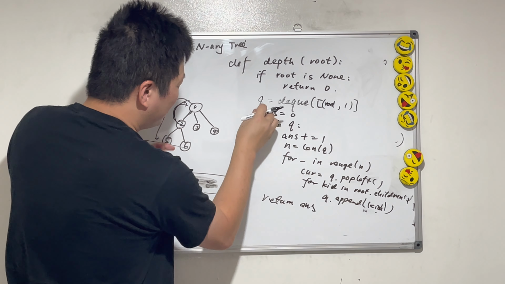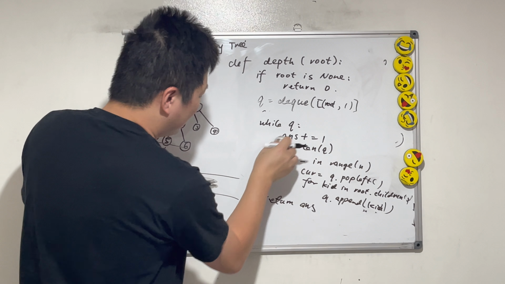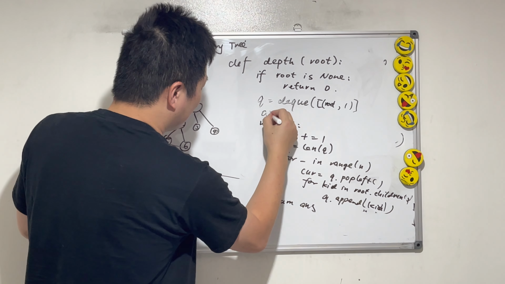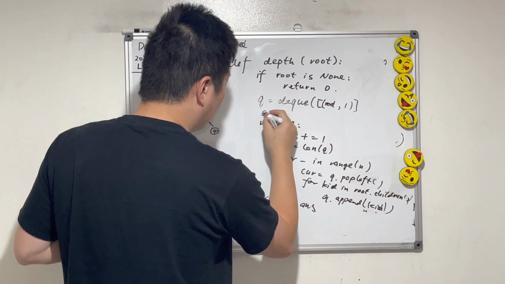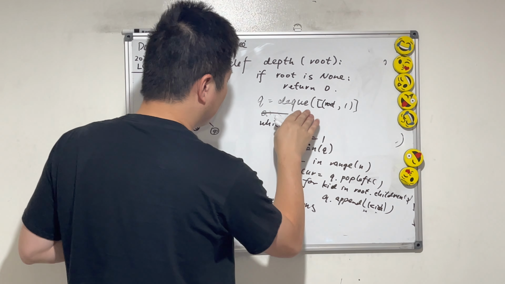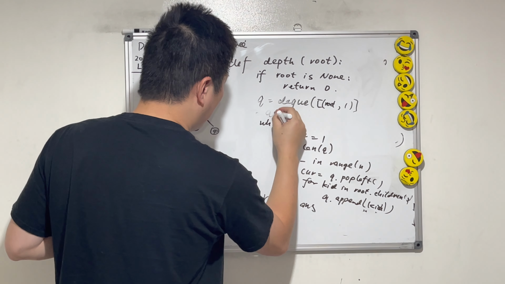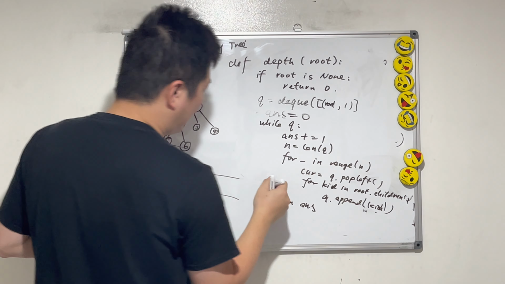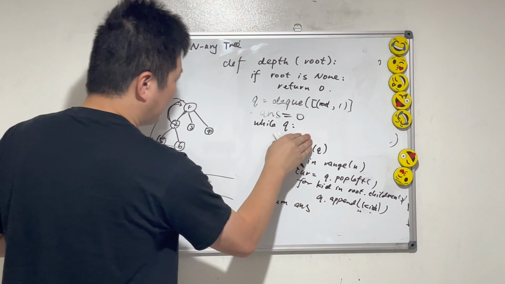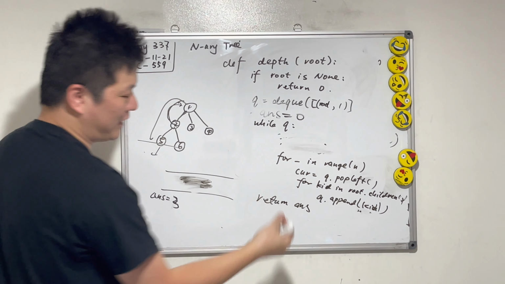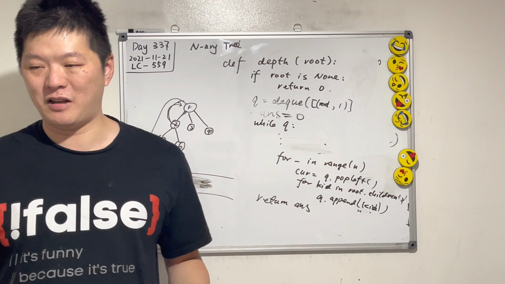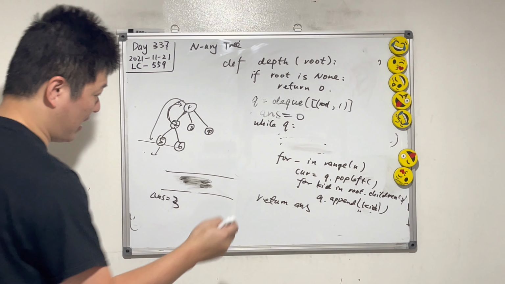Now I don't need to write this answer; actually, answer is 0, let's say. Answer equals 0, okay? So instead of taking n nodes at a time, I always take one node.